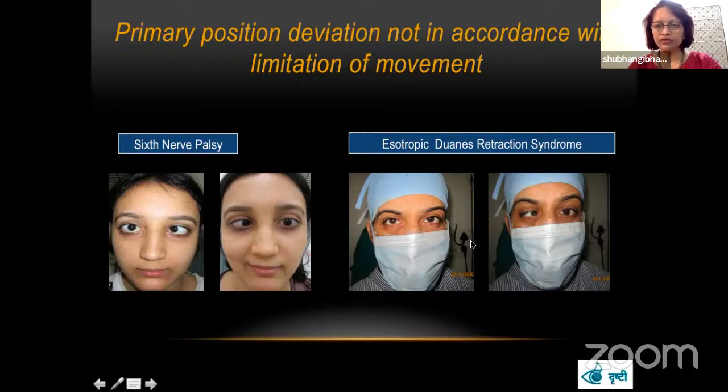But in a case of ESO DRS, as you can see on the right, the primary position appearance is almost straight with a grade 4 limitation of abduction. So there's no match between the primary position deviation and the limitation of eye movement. That makes us suspect Duane's retraction syndrome.